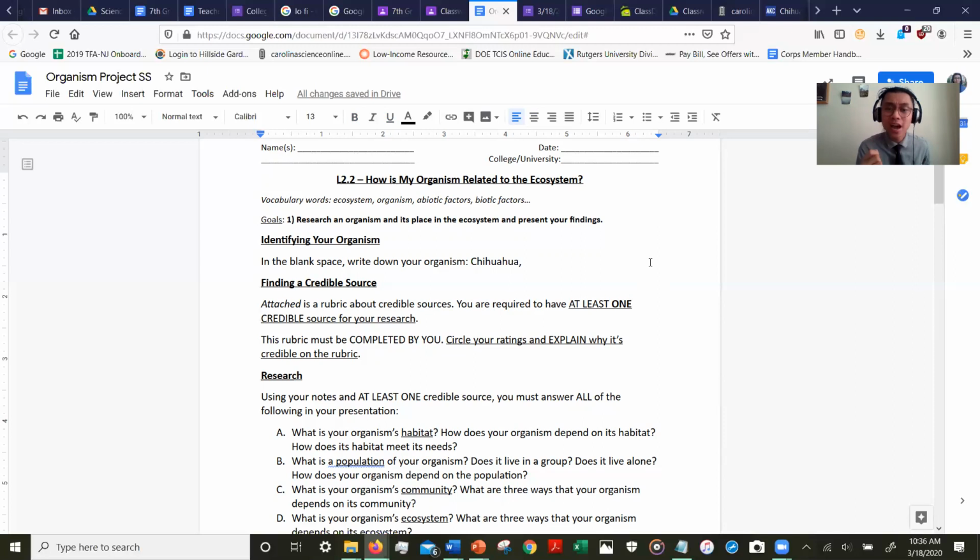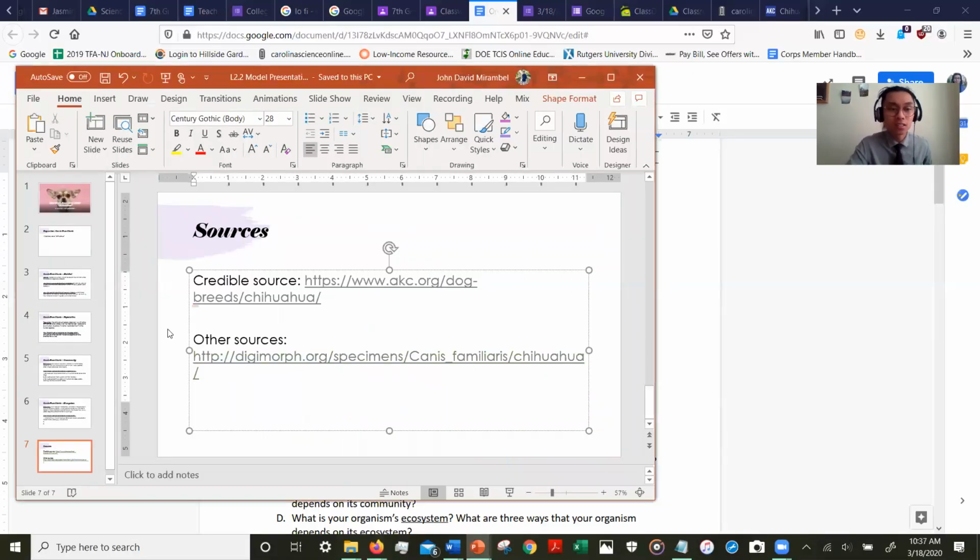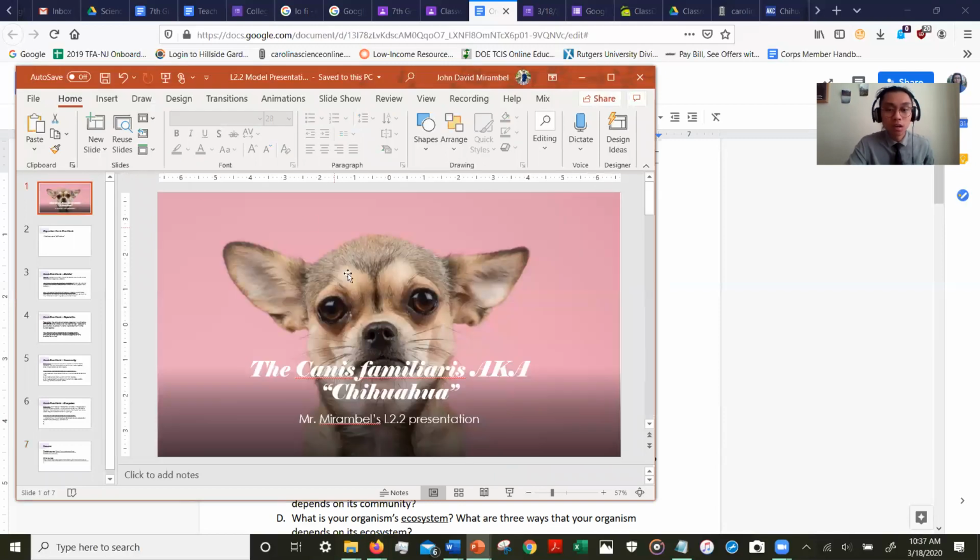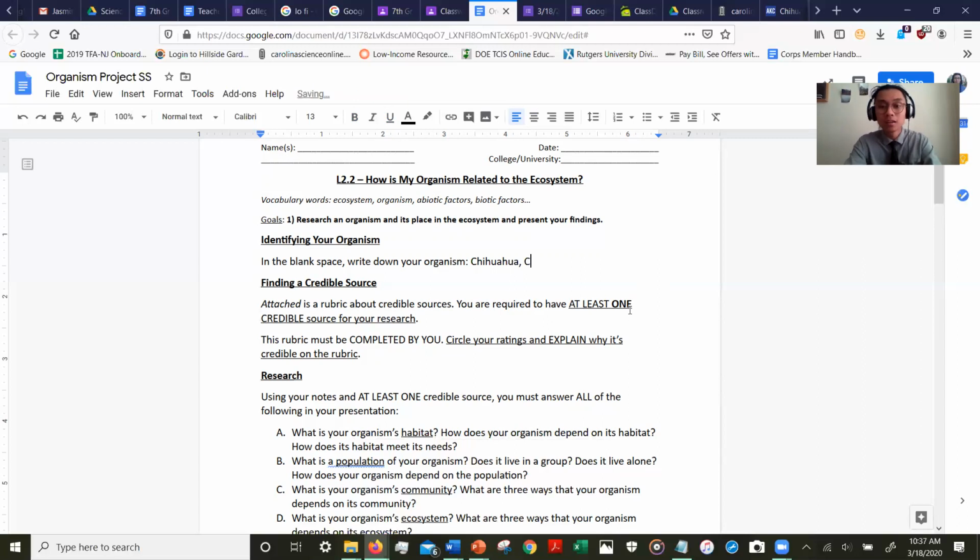The actual scientific name, let me pull it up here right now, is the Canis familiaris. So I'm going to put Canis familiaris on here. So this is my organism, the Chihuahua, the Canis familiaris.